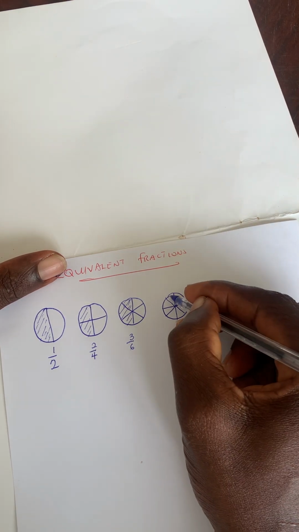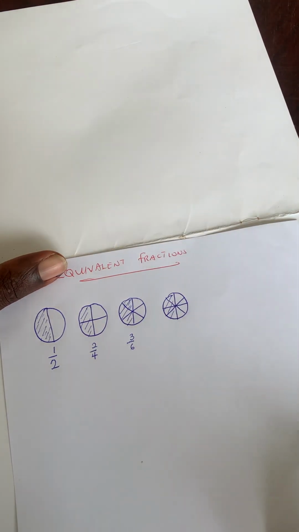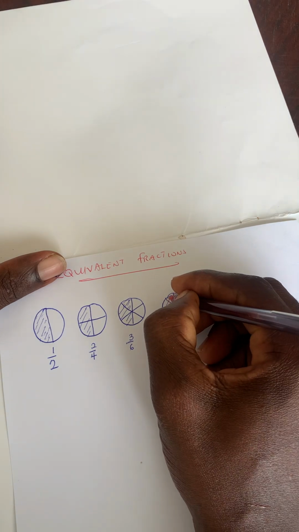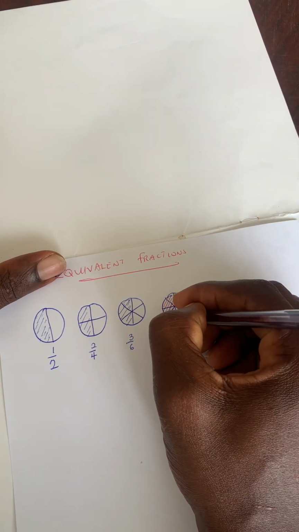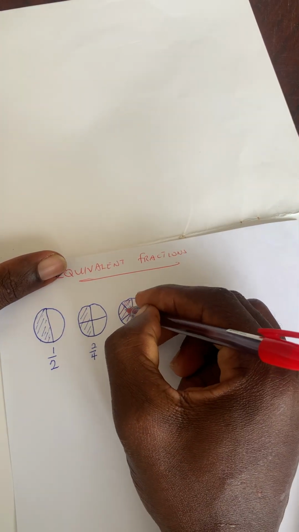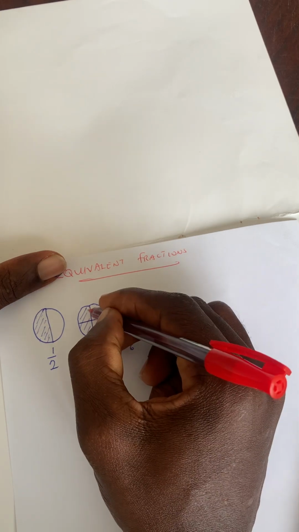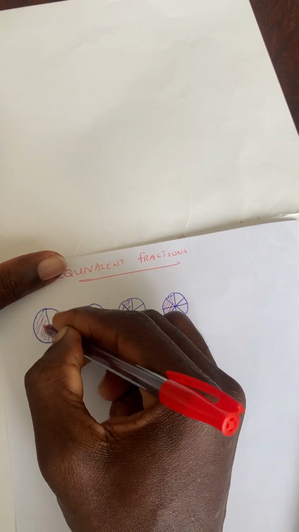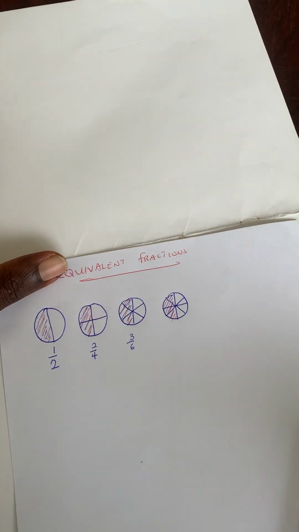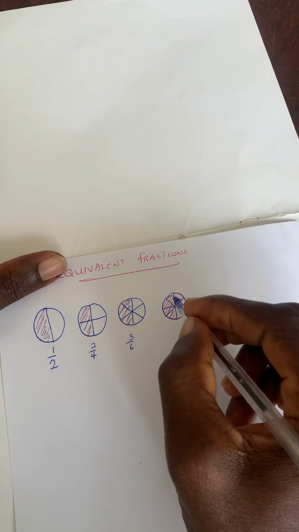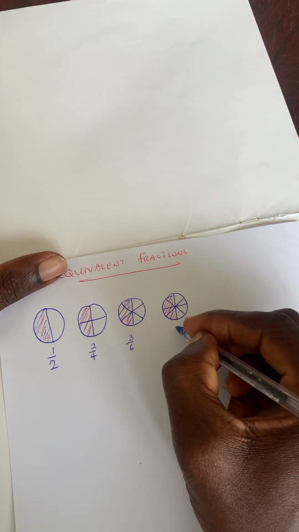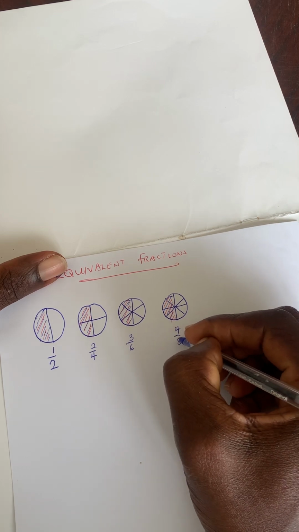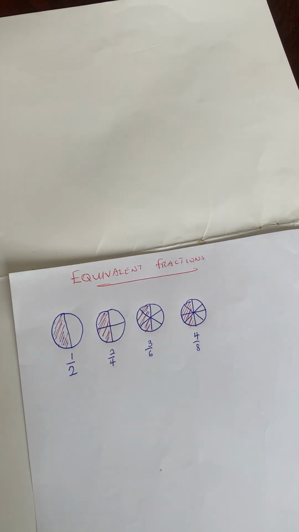One person gets the shaded portion. So let me use the red ink to show the shaded portion. Alright, so you can see that the fraction for the shaded portion is 4/8.